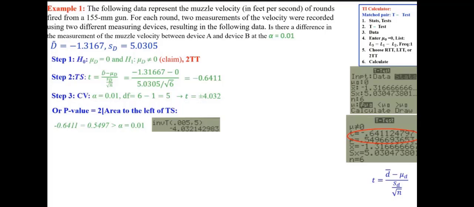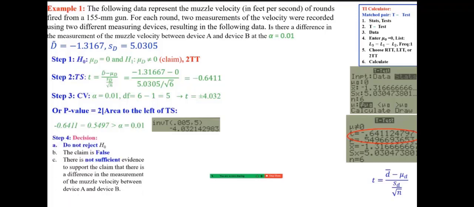Clearly, it's larger than alpha of 0.01. Therefore, the result is do not reject, or fail to reject, H0, the claim is false. There is not sufficient evidence for the claim that there is a difference in the measurement of the muzzle velocity between device A and device B.